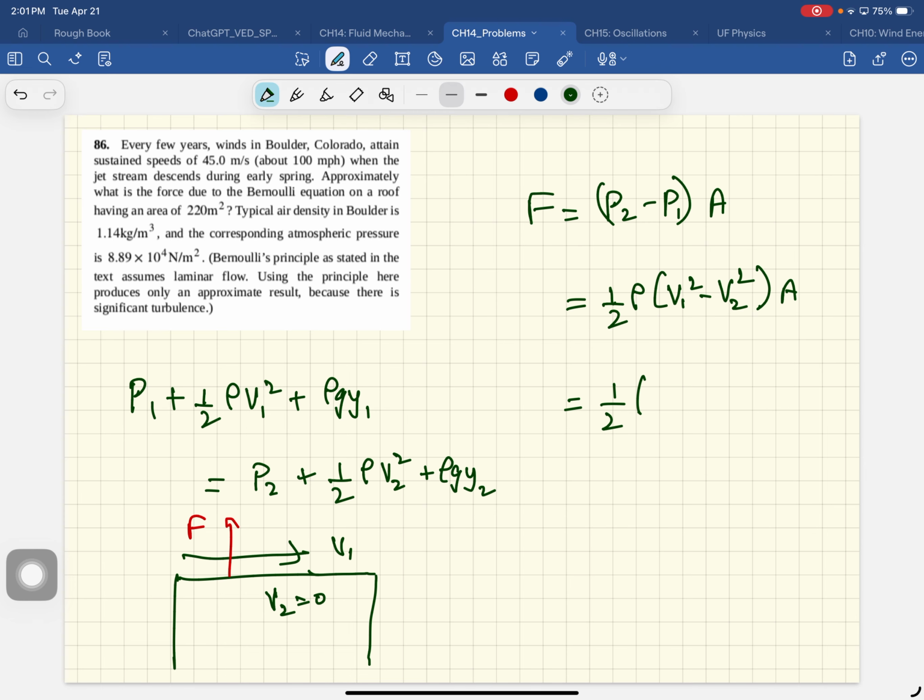If this increases, this has to decrease. Why? Because Mr. Bernoulli says the sum of those two has to be constant. So we have a lot of applications with that.